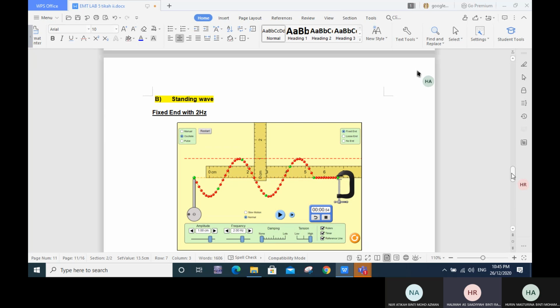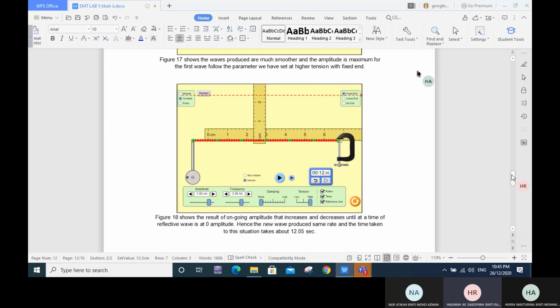The peak amplitude of the wave oscillates at any point in space at constant, while the oscillation at different points through the wave is in phase. So in the standing wave, we measured at the fixed end by using 2 Hz.